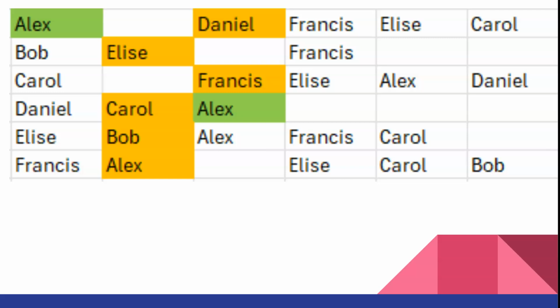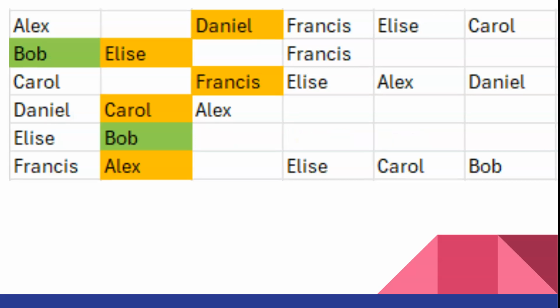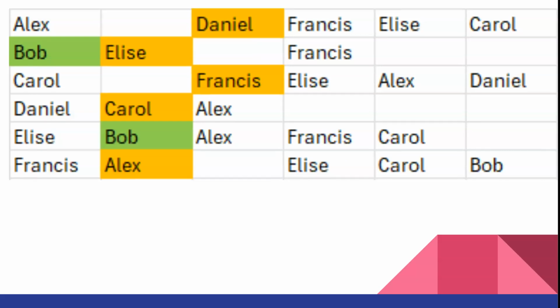So now we go to Bob, and we do the same thing. Since Bob proposed to Elise, we remove Alex, Francis, and Carol from Elise's preference list, since they're all ranked below Bob. And since we removed Alex, Francis, and Carol, we must remove Elise from those preference lists as well.